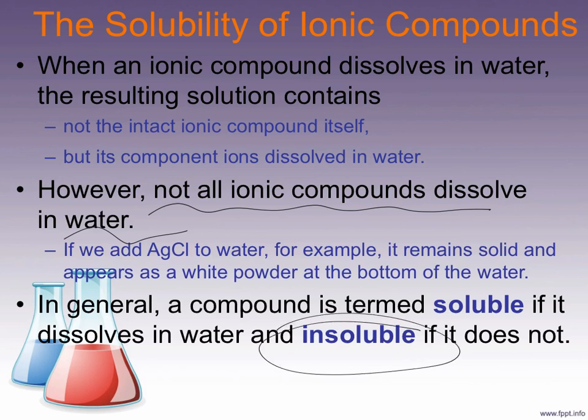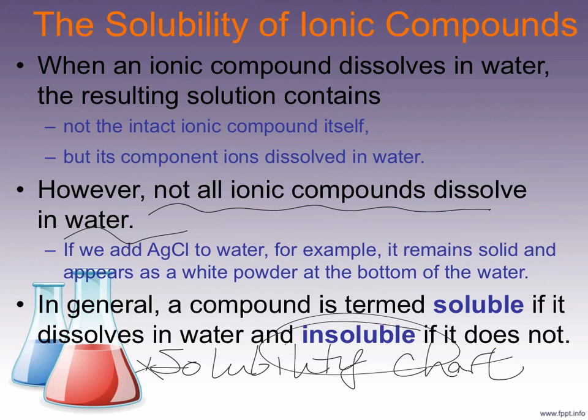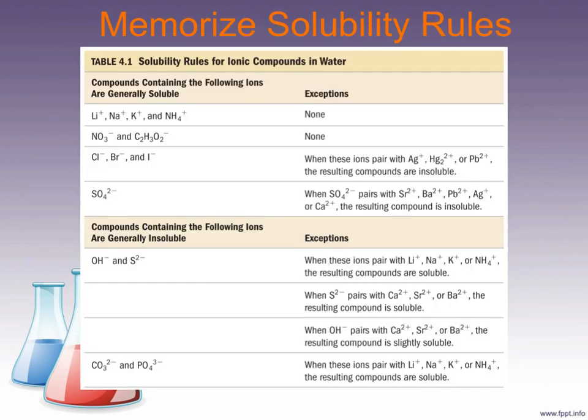So in the last lecture, I had a solubility chart. Make sure that you print that out or write it and start memorizing which ionics dissolve and which do not. And here it is as a reminder. It's not as complicated as it looks.